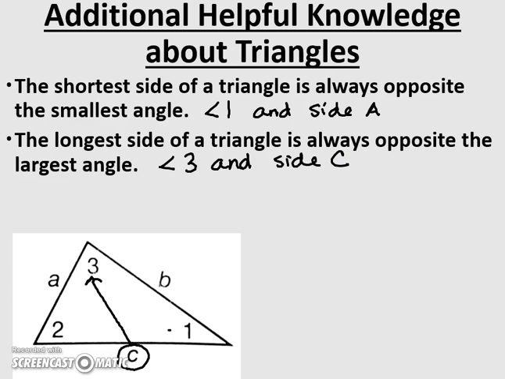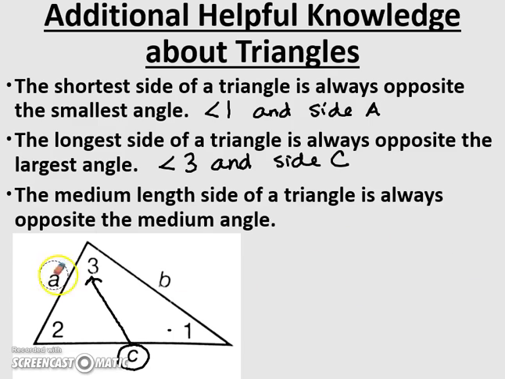So they must be the largest angle. And the last one is true as well. Lastly, the medium length side of a triangle is always opposite the medium angle. So side B appears to be medium size, so angle 2 is medium as well.